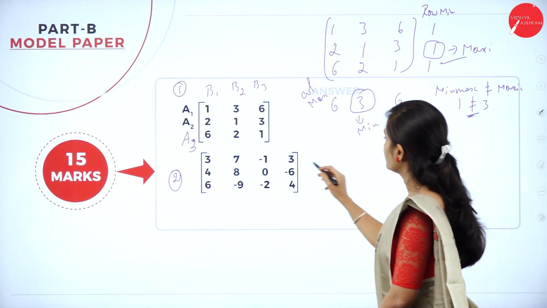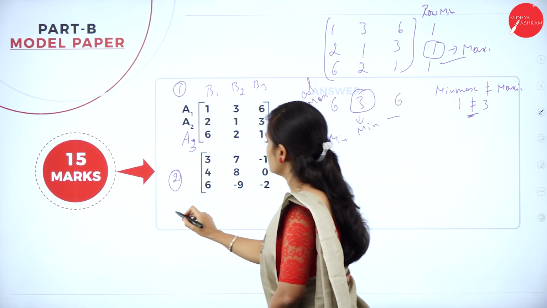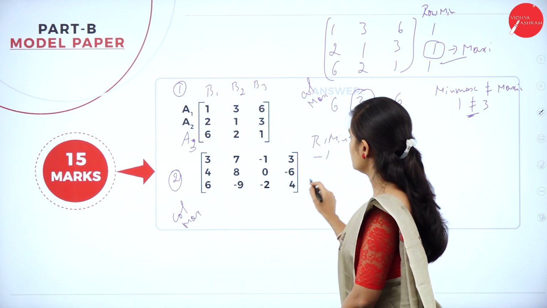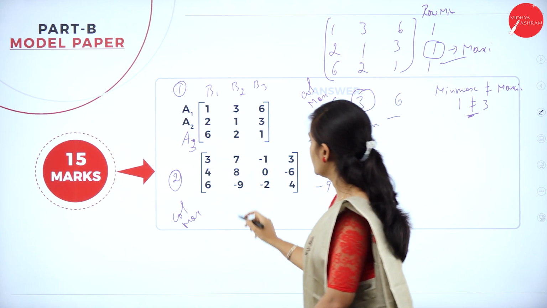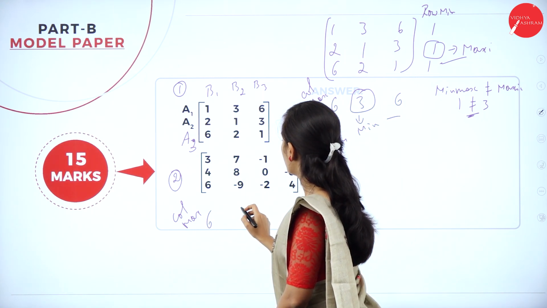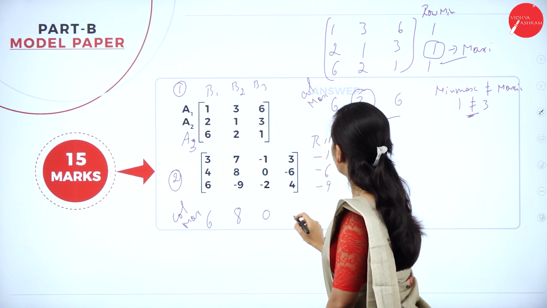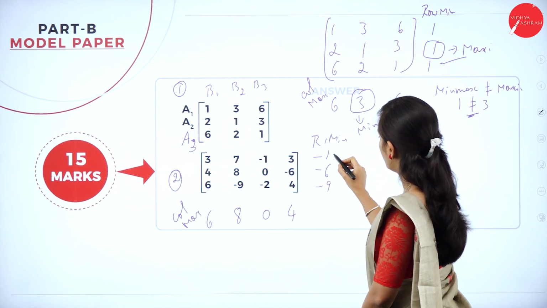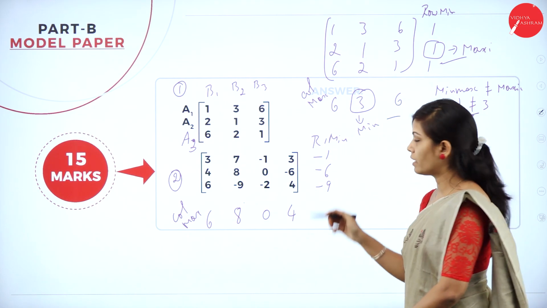That's it. Now again the row minima and column maxima. Here -1, -6, -9 are the minimum values. And here 6 and 8 and 0 and 4 are the maximum values. So in row minima, you have to find the maximum value.